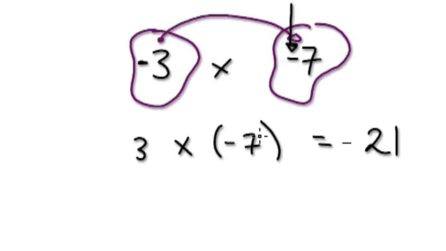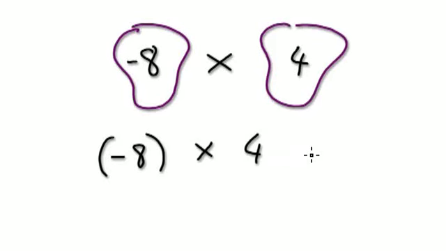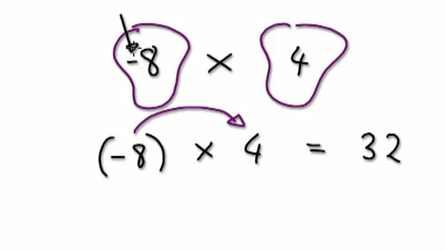Okay, so let's give you a different one. Hang on. Now let's say, what is, remember, any number times any number. This time let's say minus 8 times 4. So here you have negative 8 times 4. What is that? Well, just do the times as normal. 8 times 4 is 32, and then because there's only one negative here, it becomes a negative.